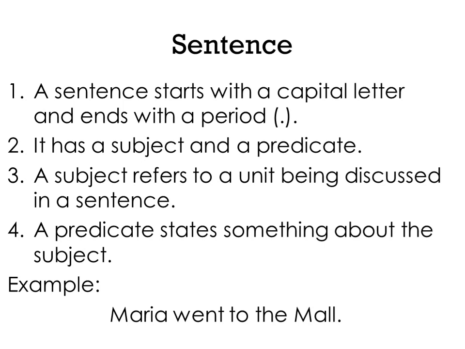And number 4, a predicate states something about the subject. So when we say predicate, it tells something about that thing or that person. Example, Maria went to the mall. Okay? So Maria is the subject because Maria is the topic here. The subject, Maria, is being discussed in this sentence. Went to the mall is the predicate because it tells something about Maria.